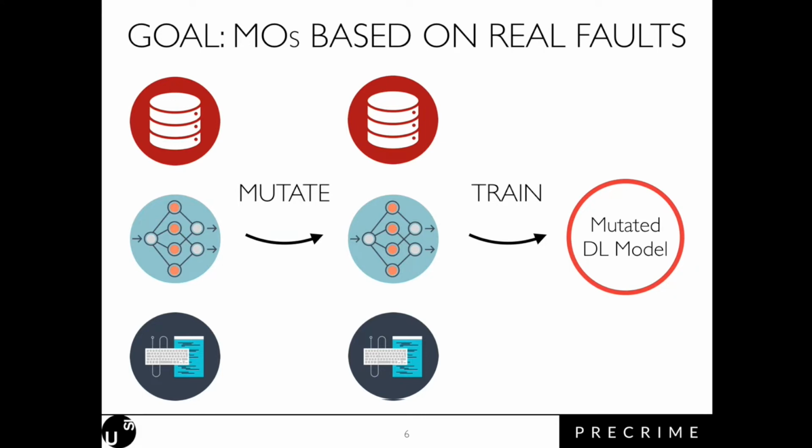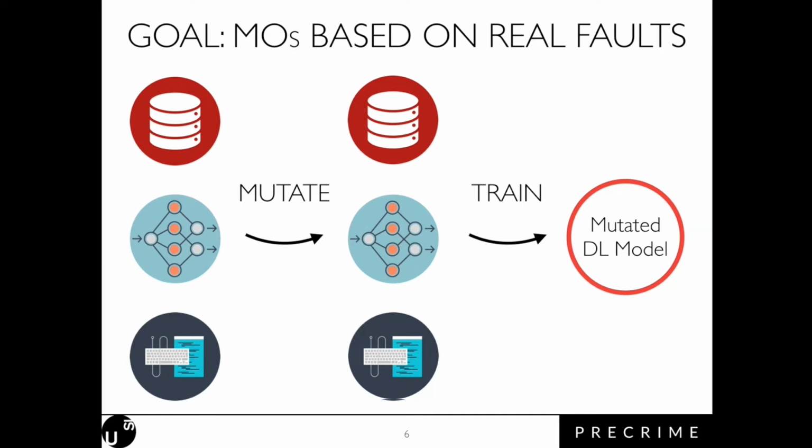When we train the model, we get some weights that help the model make predictions on new data. And what these approaches do is they take the weights of an already trained model, apply some random perturbations, and say that this is the mutated model. But it's also not very realistic. It's not like many developers train a model and then do something bad to the weights and break it in some way.